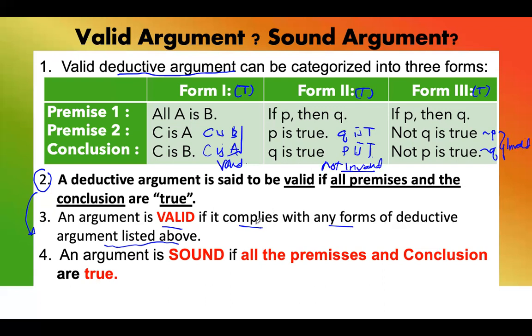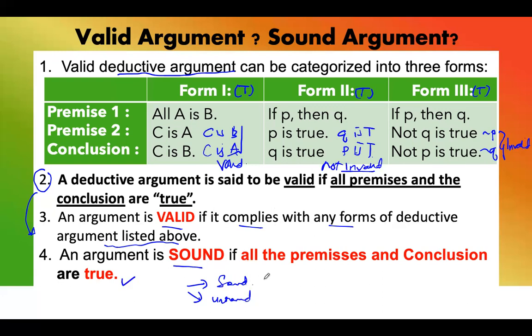Okay. So what is sound? Unsound. We are using sound. Sound is bunyi, right? So in English, sound and unsound is something. If all the premises and conclusion are true, we call it a very sound argument. It's a very strong argument, right?